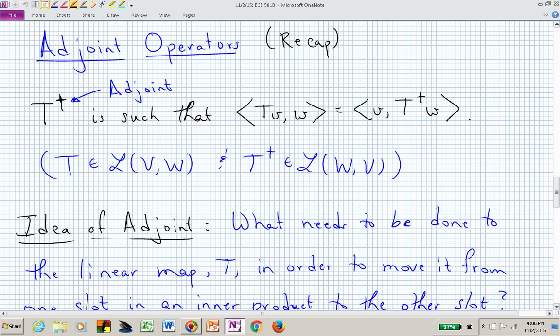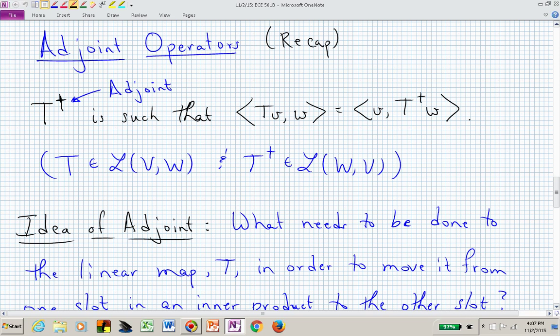T dagger is such that the inner products are equal between TV, comma W and V, comma T dagger W. We essentially are defining the adjoint so that we maintain equality between those inner products. And the adjoint is obviously going to depend on the inner product. And we can define the inner product many different ways for different vector spaces.